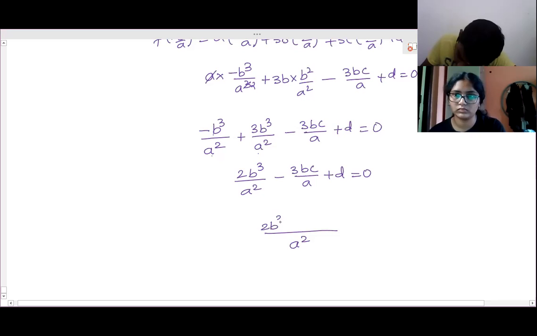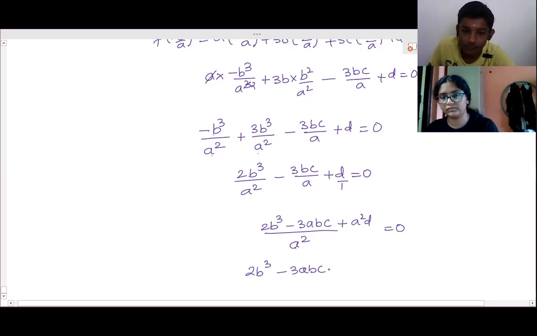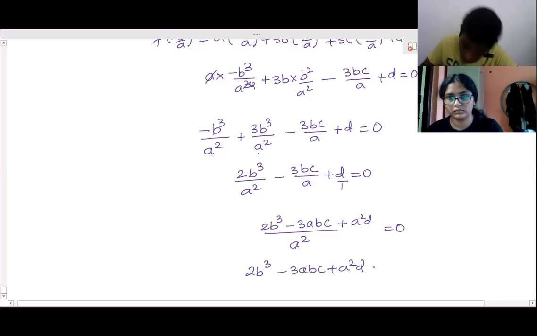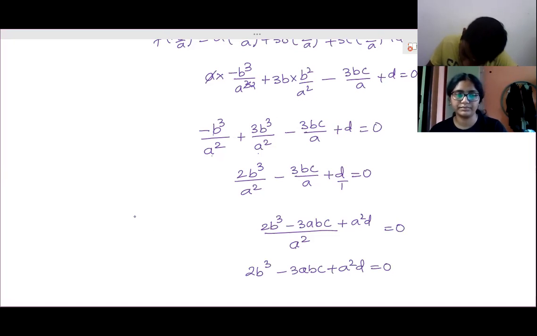It will remain 2b cube. Here you have to multiply with a, so minus 3abc. Plus here a square d. So a square d is equal to 0. So this a square will be transferred to that side, becomes 0. So you have 2b cube minus 3abc plus a square d is equal to 0. That is what you need to prove. Clear? Yes, ma'am.